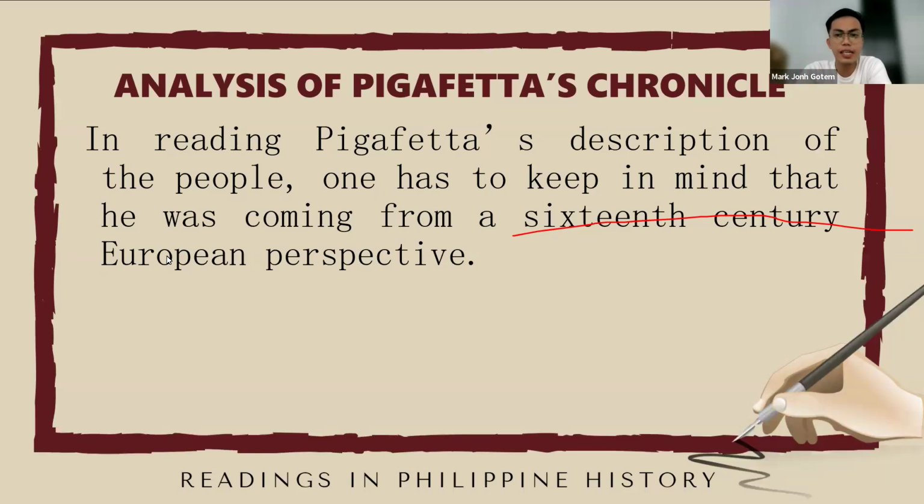Modern readers should approach his writings with an awareness of this historical and, of course, cultural context, recognizing that his perspective is just one of many and reflects the attitudes and understanding of his time.